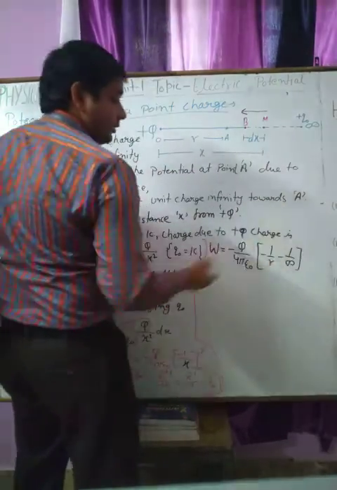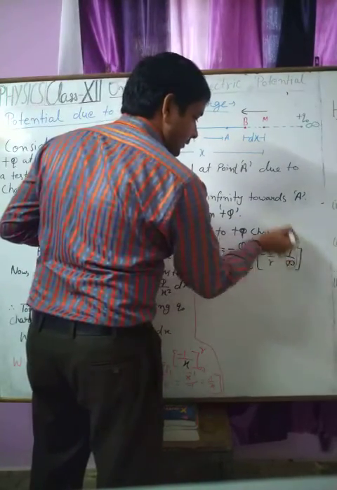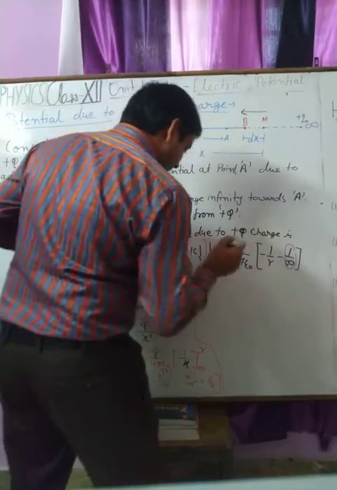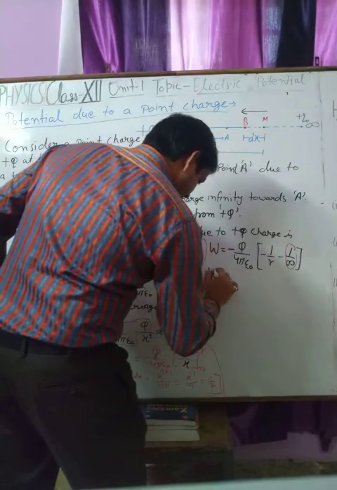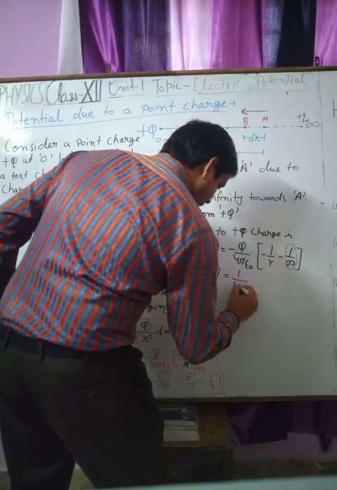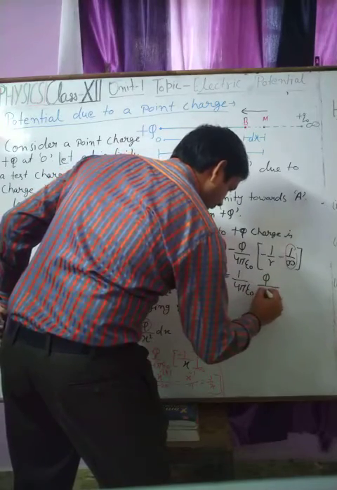Now the value of 1 upon infinity is 0, therefore minus minus plus, we get work done is 1 upon 4 pi epsilon naught q upon r.